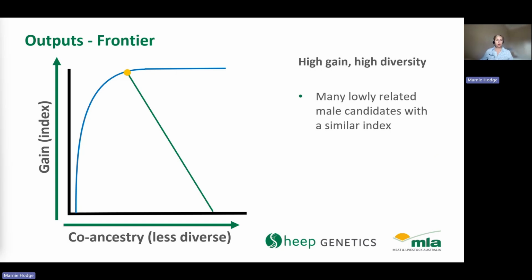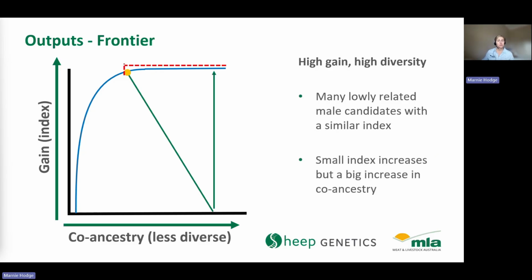Most of the males in this run would have had a high index and would have been lowly related. So for this particular run, we didn't have to sacrifice much genetic gain based on the level of co-ancestry. If you wanted to place more emphasis on co-ancestry, or making the progeny more genetically diverse, you did not have to sacrifice a lot of genetic gain.